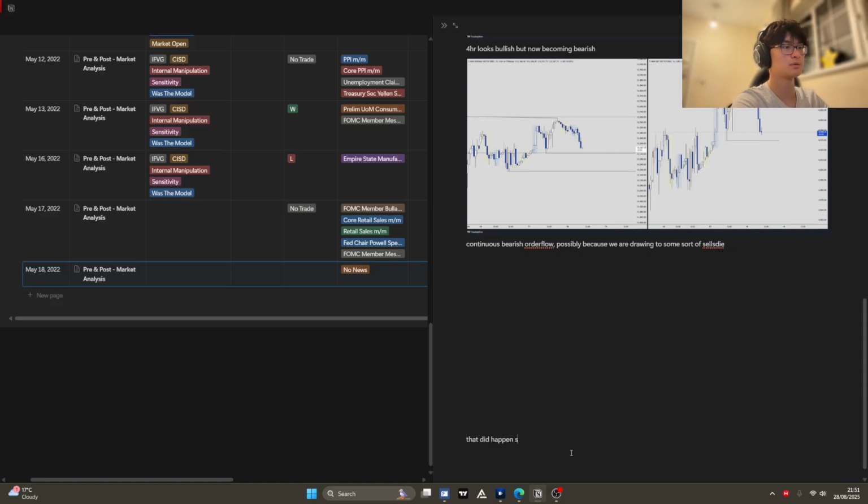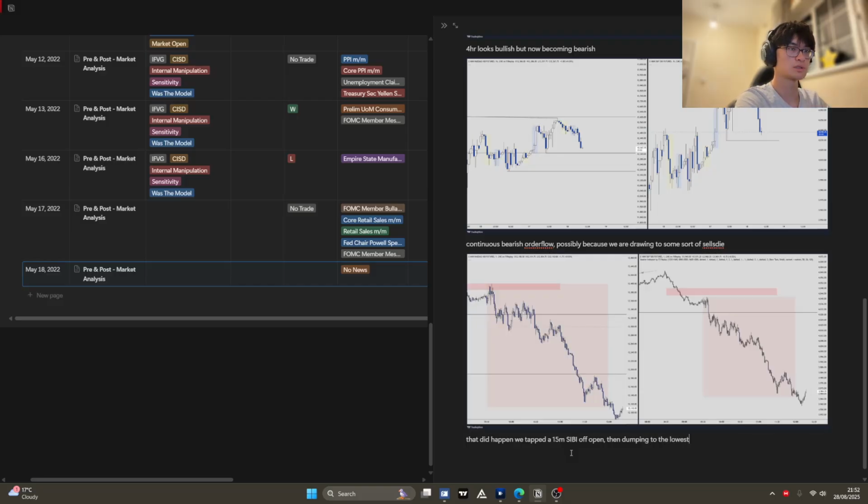That did happen. We tapped a 15-minute CISD off open, then dumping to the lowest hanging fruit draw, in which I stopped trading for the day, and no model presented.